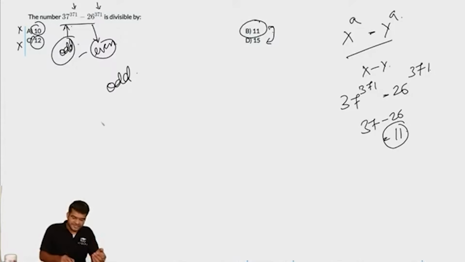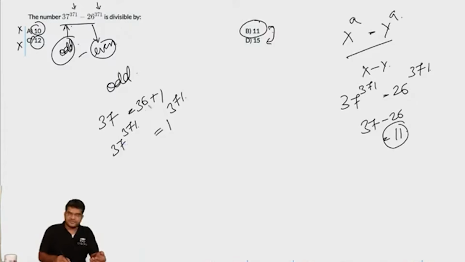We know that 37 is 36 plus 1, so the remainder when 37 to the power 371 is divided by 3 will be the same as 1 to the power 371. So 37 to the power 371 will leave a remainder of 1 when it is divided by 3. And if you are looking at 26 to the power 371, 26 is equal to 27 minus 1.